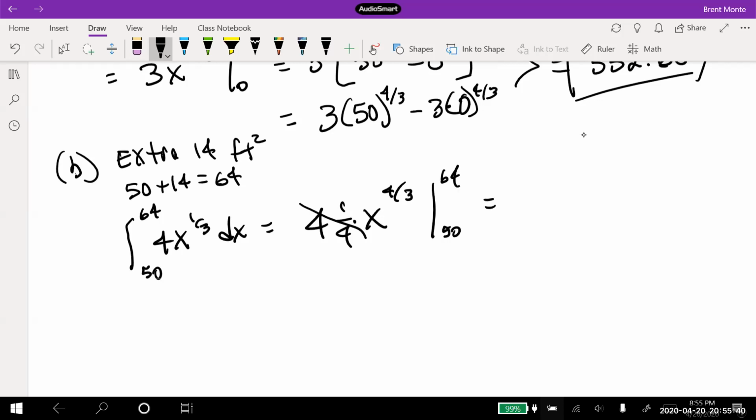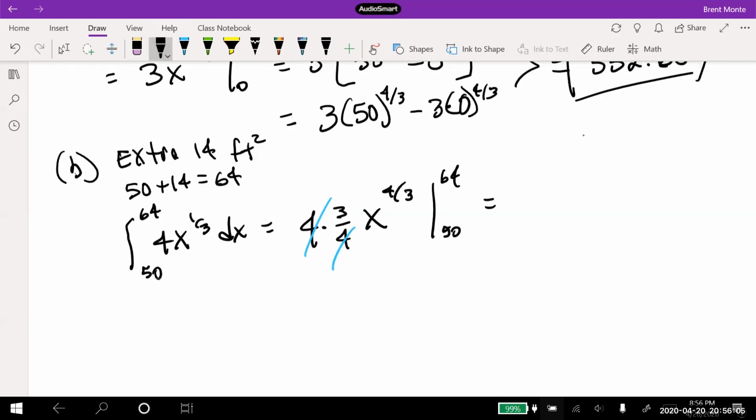Those cancel. Why did I put a 1/4 there? What in the world am I doing? That's what happens when I try to get all slick. So I've got that 4 here. The reciprocal of 4/3 was 3/4. I did remember the 4's canceled.